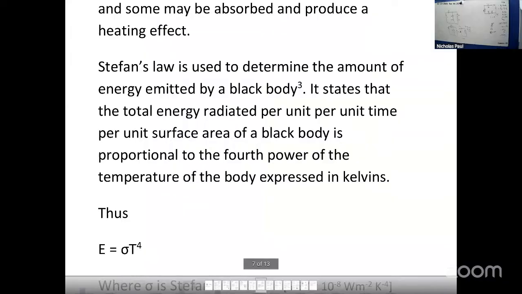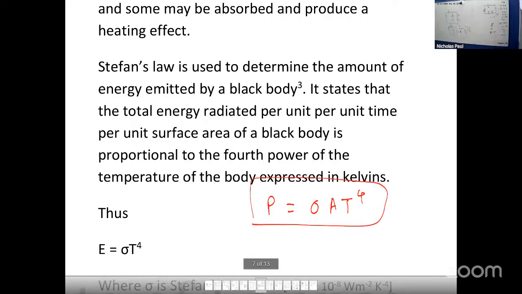It states that power per surface area of a black body is proportional to the fourth power of temperature. So basically it's saying this: power is equal to Stefan constant by the area by temperature to the power of 4. Right? So make a note of the one in red.